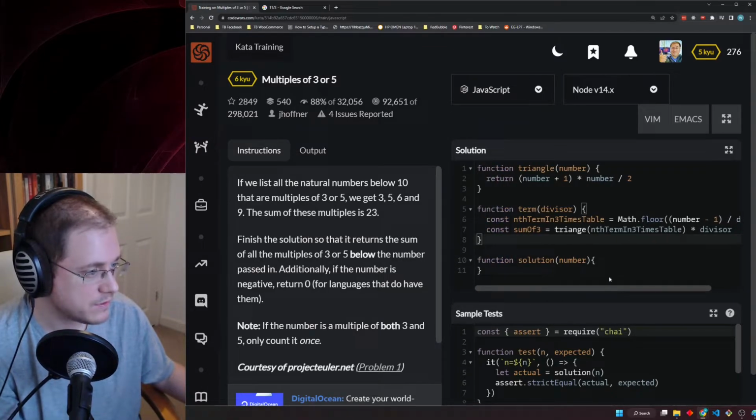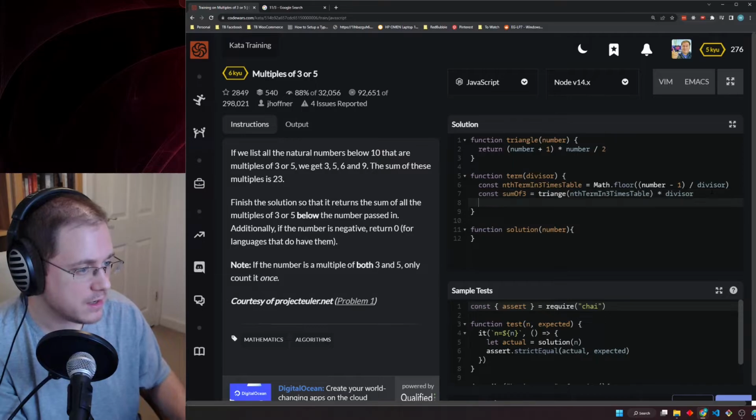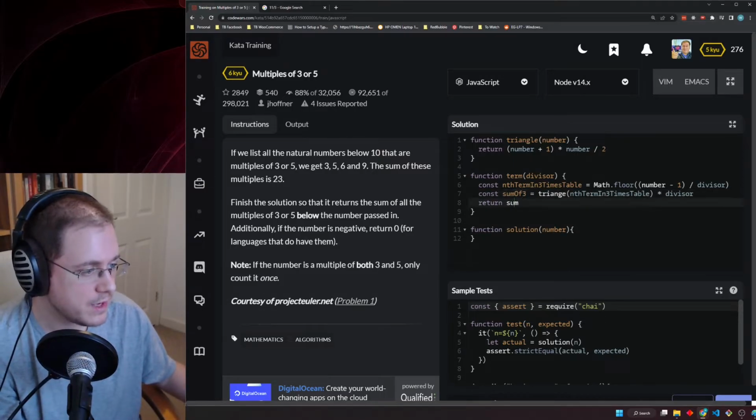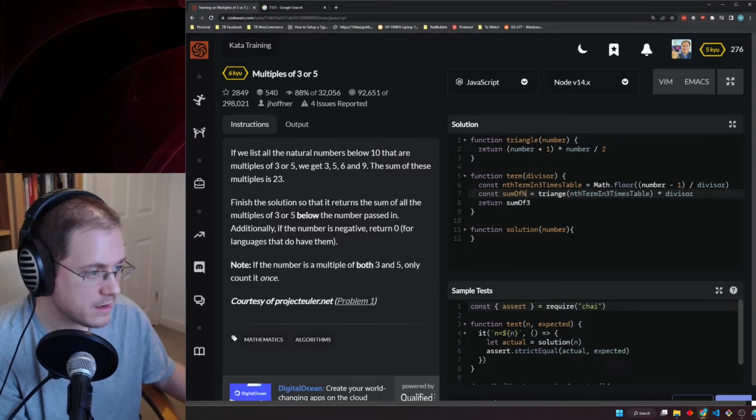Sorry that goes off the screen, but maybe zoom out 1 notch. There you go. And then we'll return sum of 3, which is no longer 3, it's n. Let's go n.